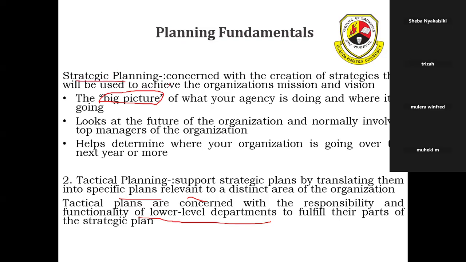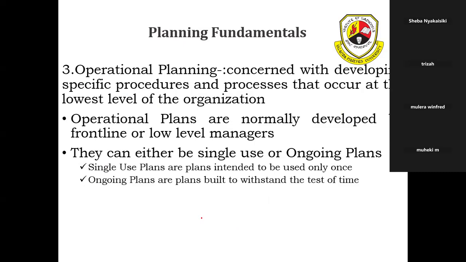So strategic planning can be for the overall organization, then tactical planning can be department focused. Then you have operational planning. This one looks at the processes and procedures that occur at the lowest level of the organization. So it basically operationalizes the tactical plan that you have.